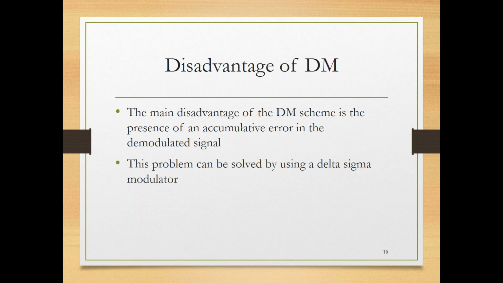If it depends on the previous ones, it can cause propagation error. If you make an error in the first one, this affects the second, third, fourth, and so forth. This we call error propagation, a cumulative error in the demodulated signal.